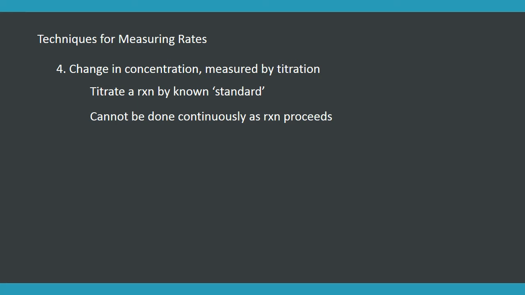So what we have to do is take samples of your reaction. You're going to have your reaction going on in your glassware, right? And you're going to start it. So you're going to start your timer. And let's say at 20 seconds, you're going to take some of that reactant out.